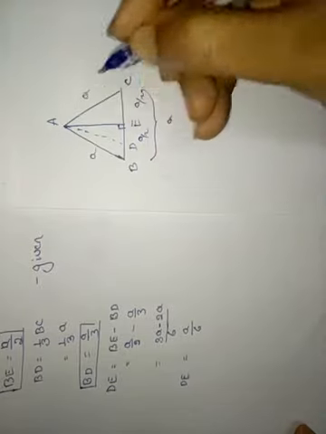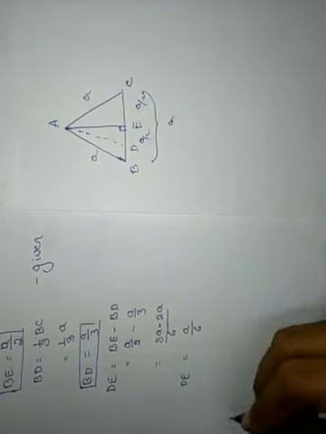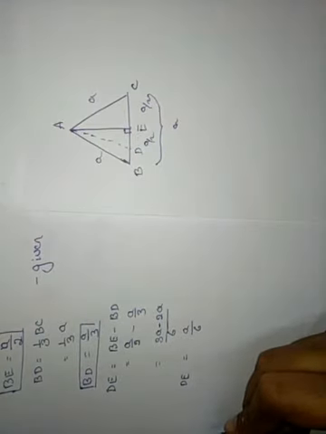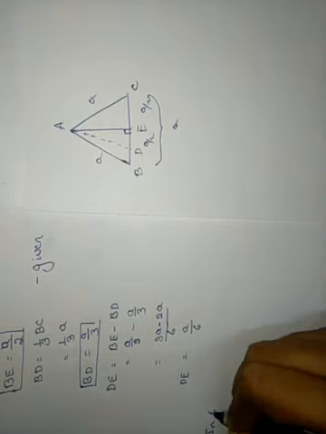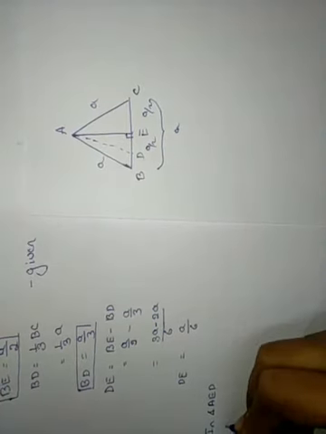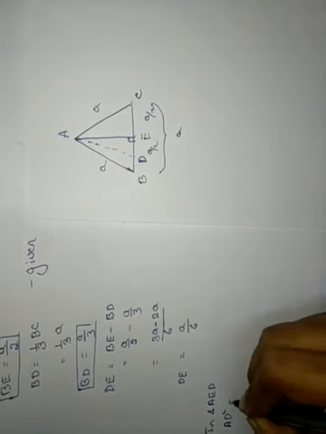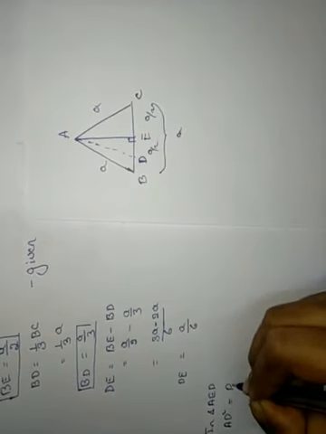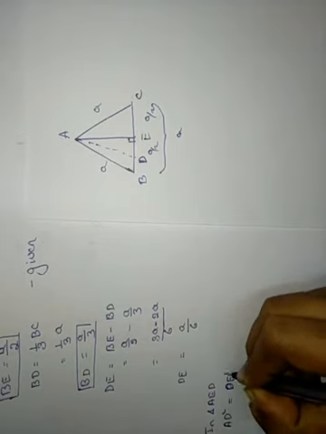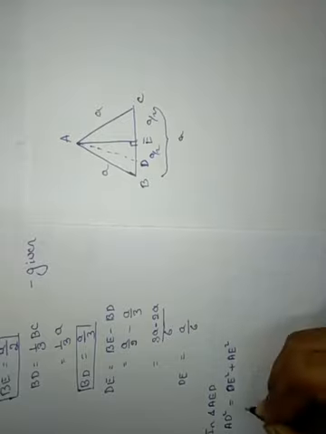Next we'll apply the Pythagoras theorem for this right angle triangle, that is triangle AED, right? In triangle AED, we can say that AD square is equal to DE square plus AE square, right?